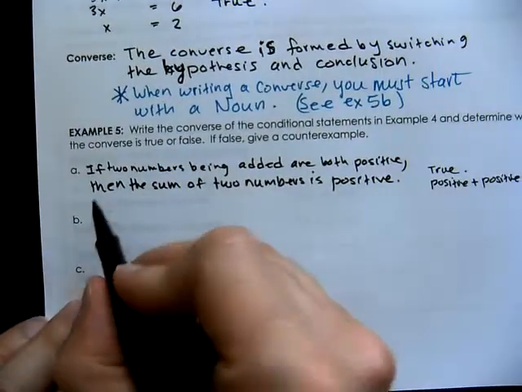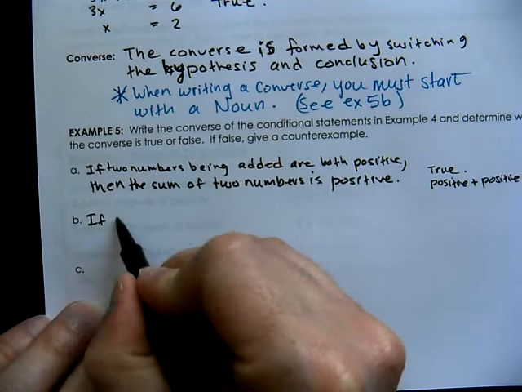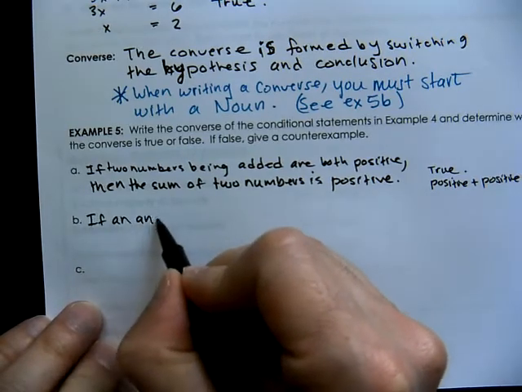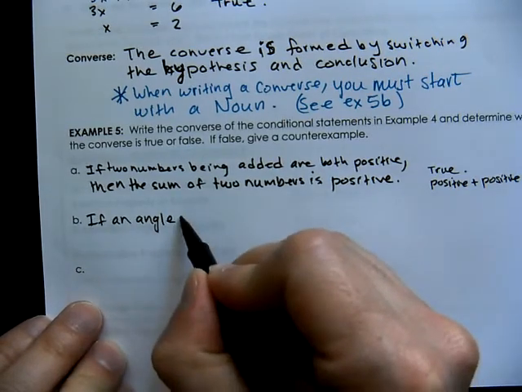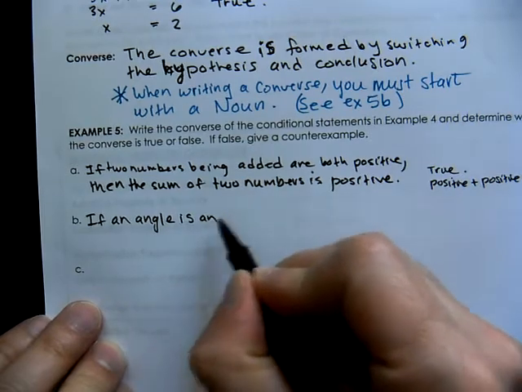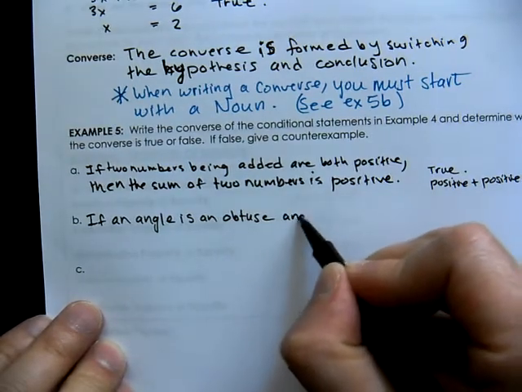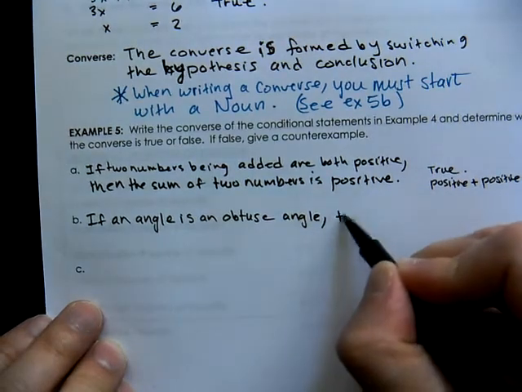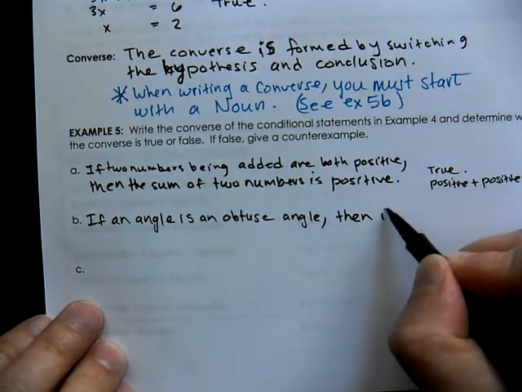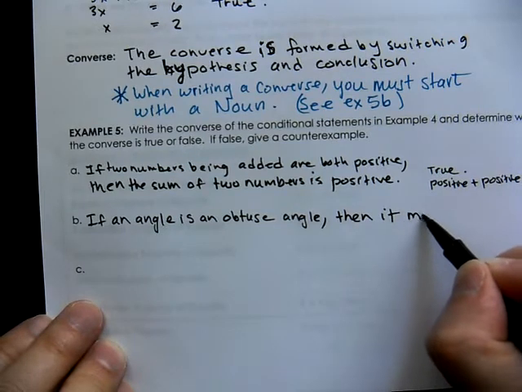Alright, so let's do that now. If an angle is an obtuse angle, comma, then it measures 112 degrees.